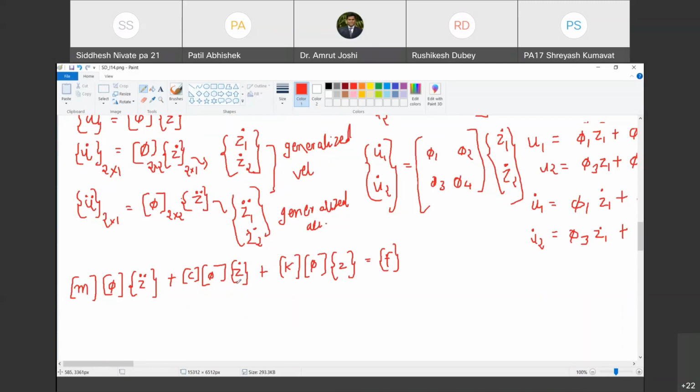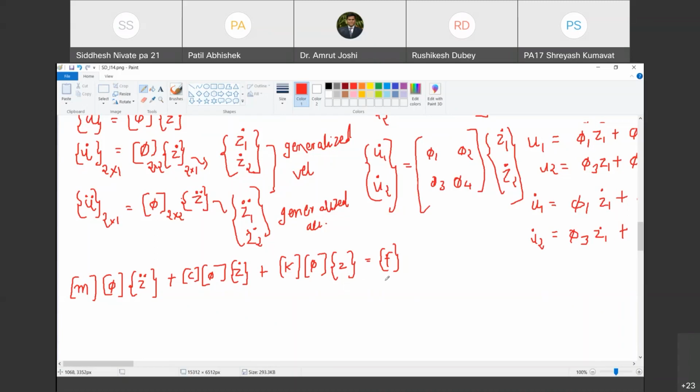Z dot matrix is in generalized coordinate system. Z matrix is in generalized coordinate system. But this F is in parent coordinate system. Are you with me? Yes, sir. हाँ, तो वो नहीं चलेगा. There is no compatibility. So mathematically it's correct, but I want to bring that matrix also in generalized coordinate system. Are you with me? Yes, sir.